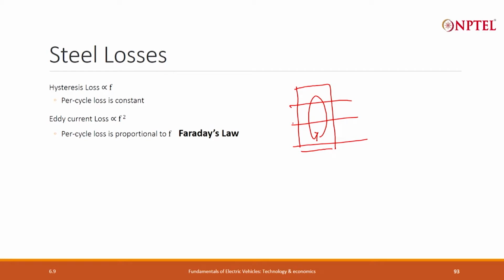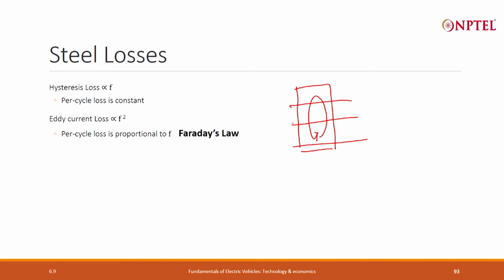The more the number of slices, the higher the resistance, and therefore, the lesser the current will be, and this is why you find that all the steel cores are made with thin sheets which are stuck one on top of the other, and those are called laminations.